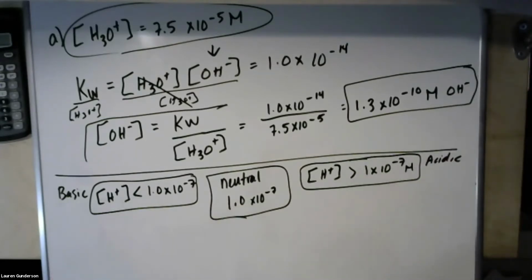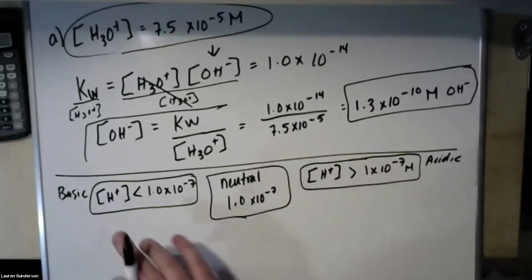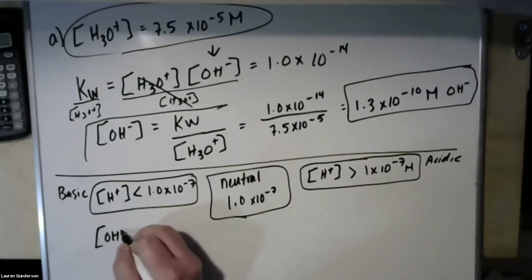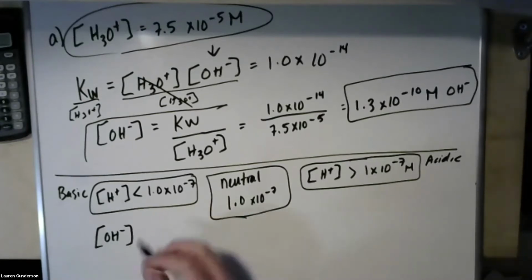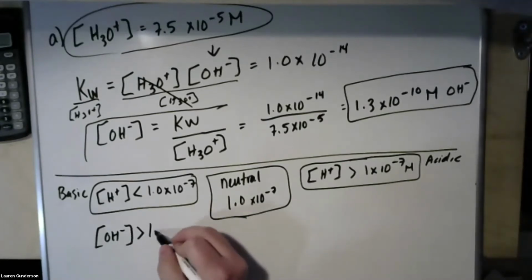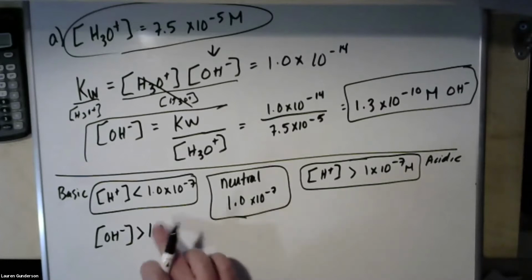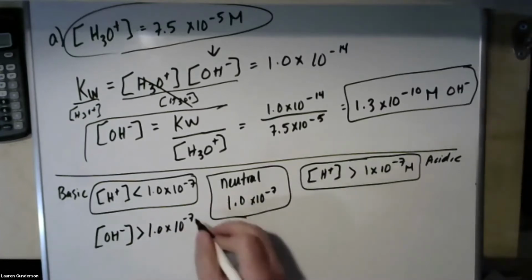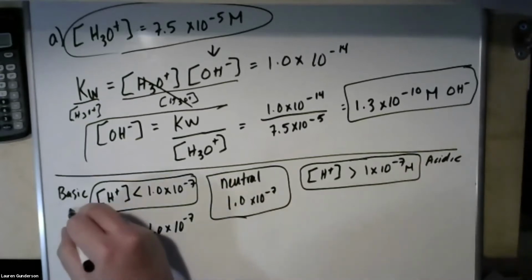So if we look at our hydroxide ion concentrations, we're going to see the reverse relationship here. So when my hydroxide ion concentration is greater than 1 times 10, that means I have a basic solution as well.